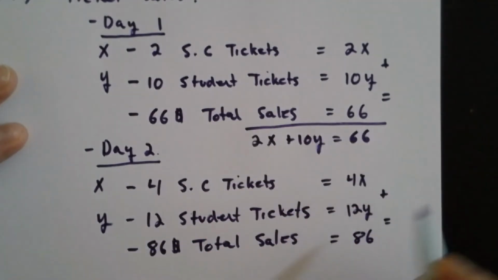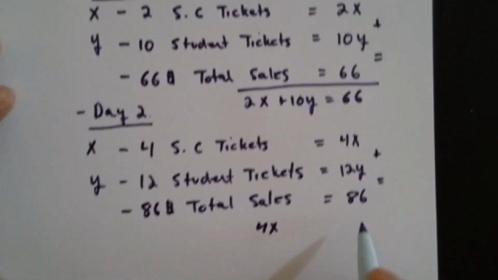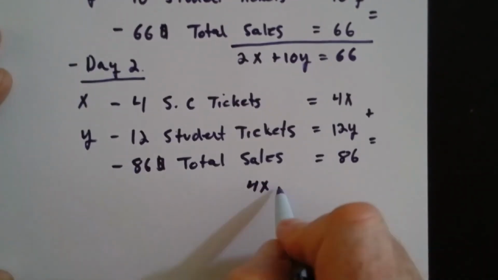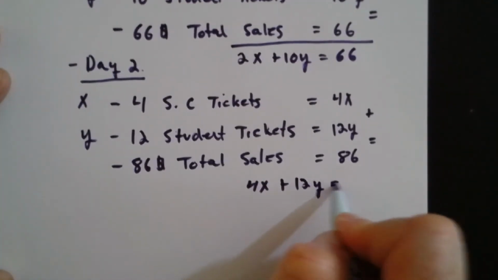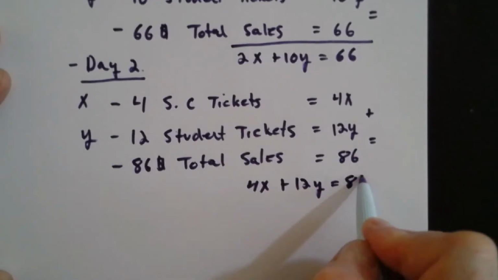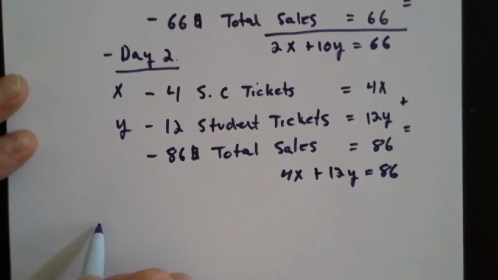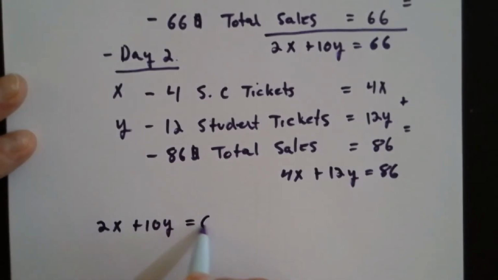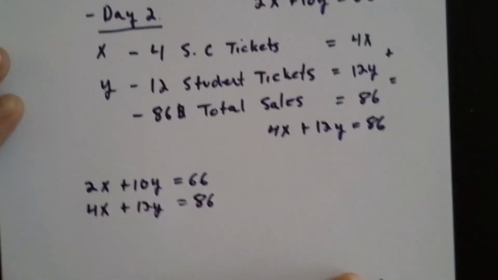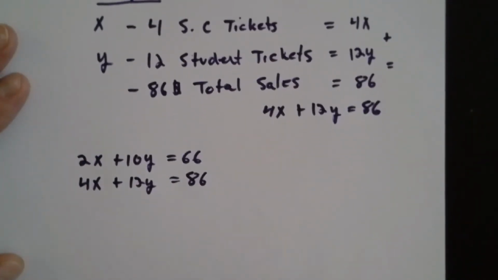We have over here 4x plus 12y is equal to 86. So let's write our system now as 2x plus 10y is equal to 66. We have 4x plus 12y is equal to 86. Okay, so here's our system.